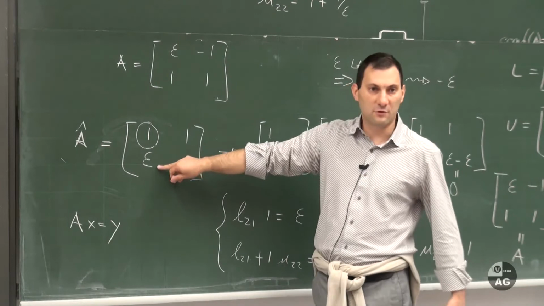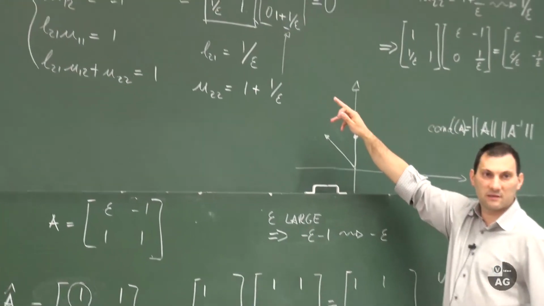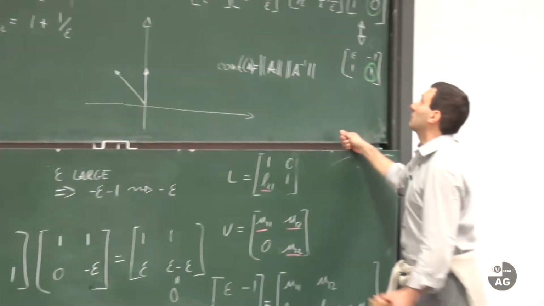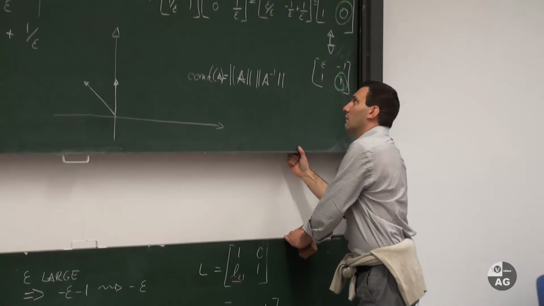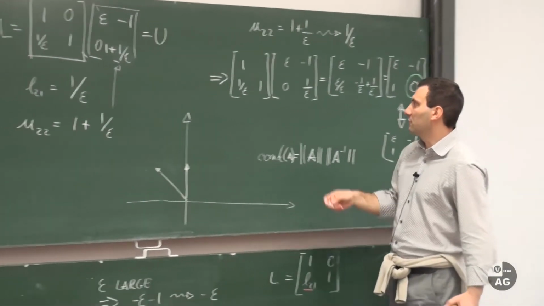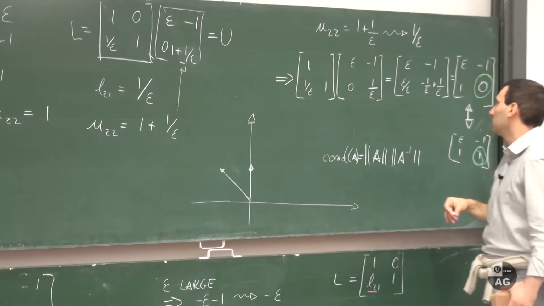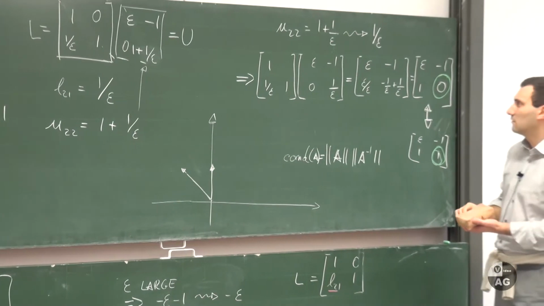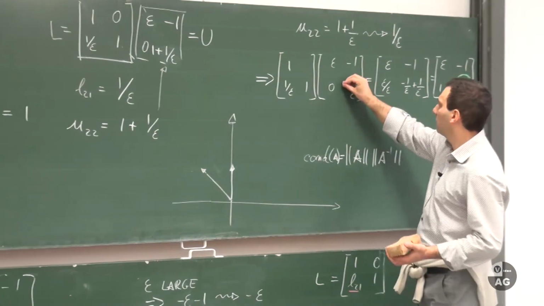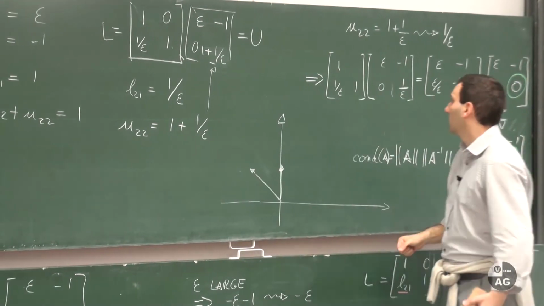So if epsilon is the largest number, we should go back to our initial setting. In which case, we have a completely different story. This goes to 0, this goes to 0. U22 is 1 plus 1 over epsilon, so that goes to 1.